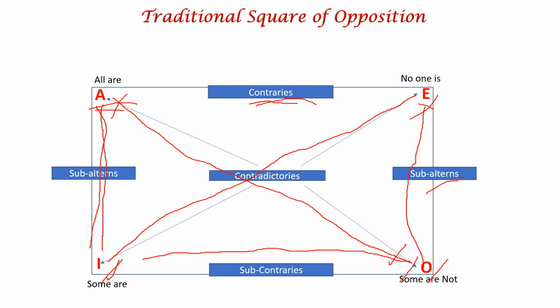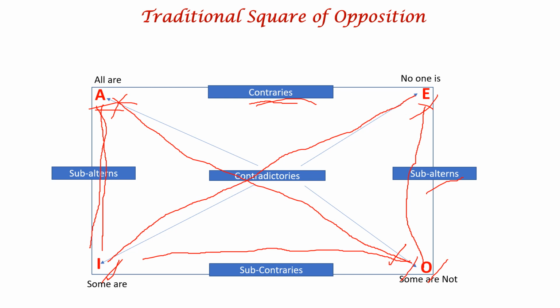But if E is false, nothing can be said about O. The same way, if O is false, false goes up, E is also false. But if O is true, nothing can be said about E. You got it? False goes up.